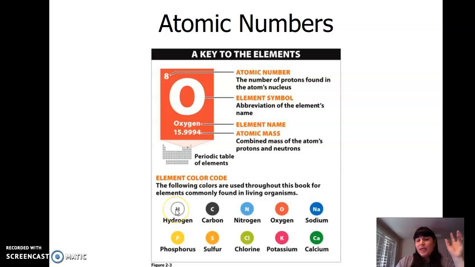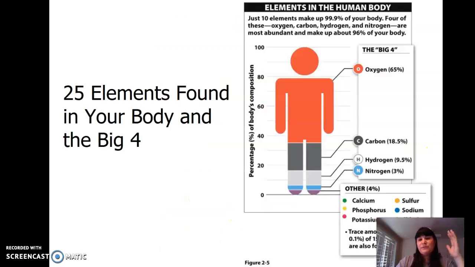The major players in our bodies, in living organisms, are hydrogen. Where is my hydrogen? It's a pointer. Hydrogen, carbon, nitrogen, oxygen. Those are the major players. So here, if you look, it says 25 elements found in your body and the big 4. So oxygen, carbon, hydrogen, nitrogen.